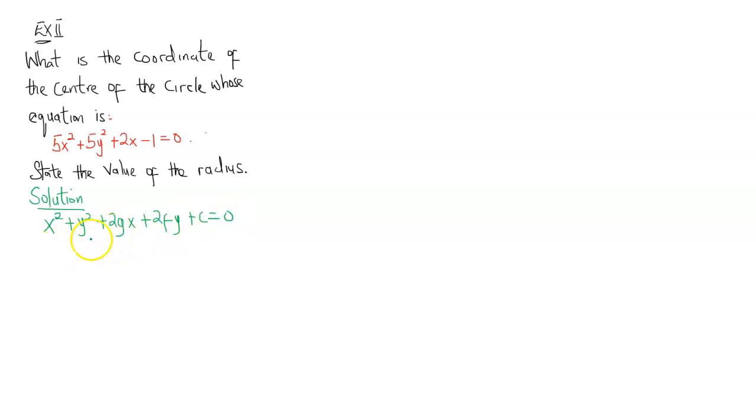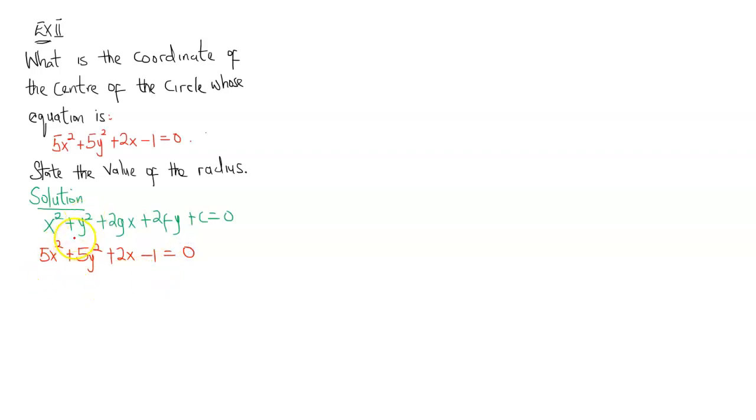Now, we should not forget that the general equation has center of negative g comma negative f, and a radius of the square root of g squared plus f squared minus c. Okay, so the red equation, that's 5x squared plus 5y squared plus 2x minus 1 equal to 0.